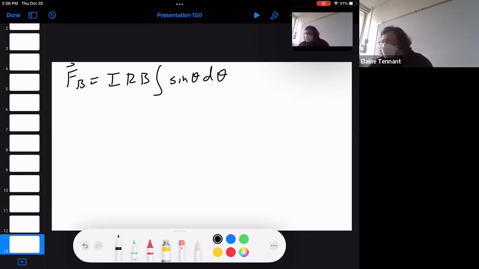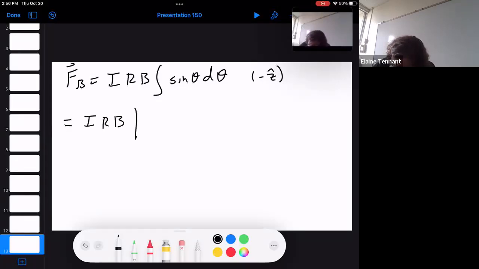This is great. What is the integral of sine? Negative cosine, correct. IRB, negative cosine. And we hadn't discussed limits yet, so let's talk about some limits.